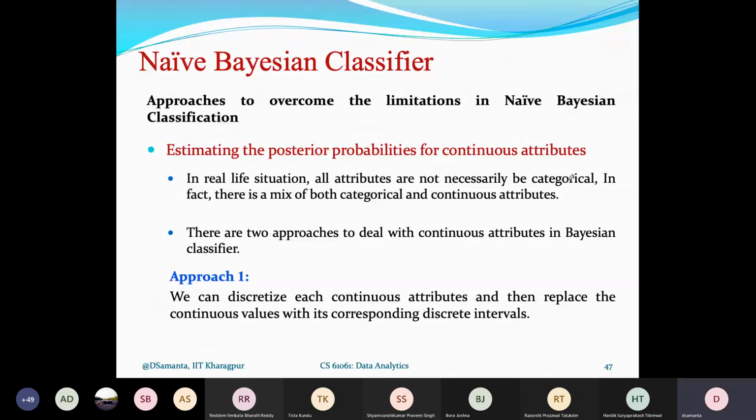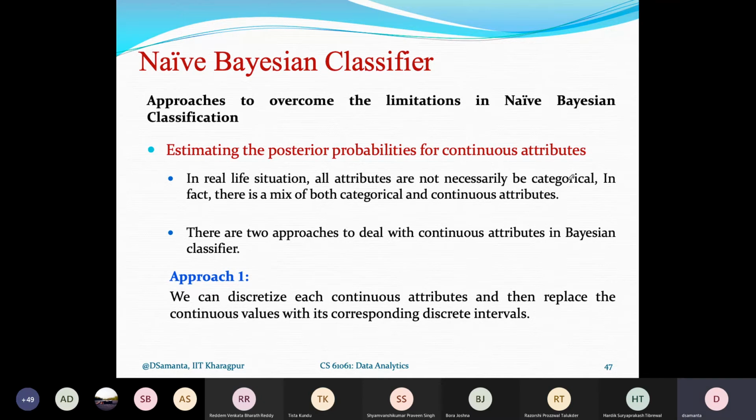We can convert age into 3 discrete levels: young, middle-aged, and aged. Say 1 to 20 belong to young, 21 to 50 belong to middle-aged, and 51 to 100 we can label as aged. This way the numerical attribute can be converted into categorical values.